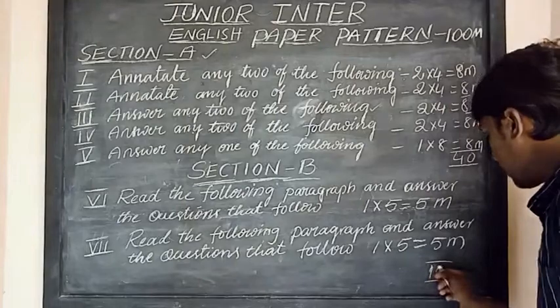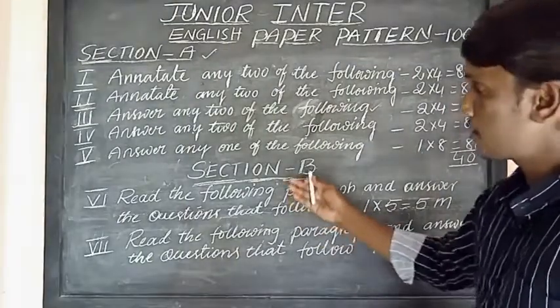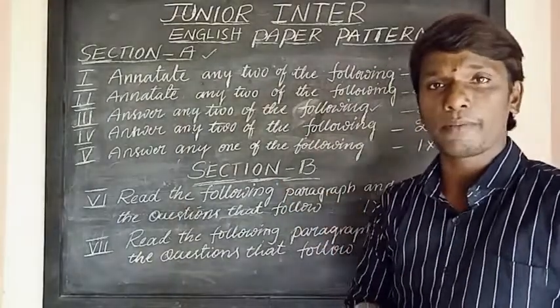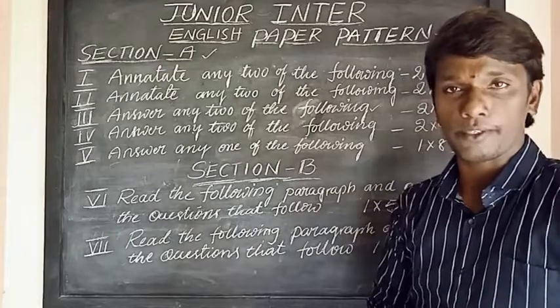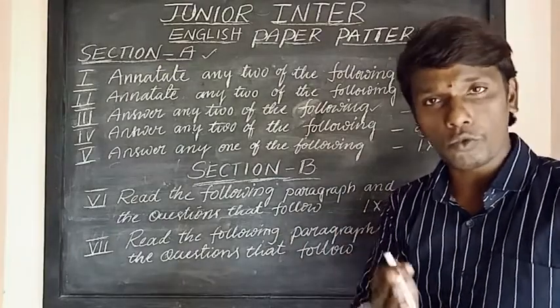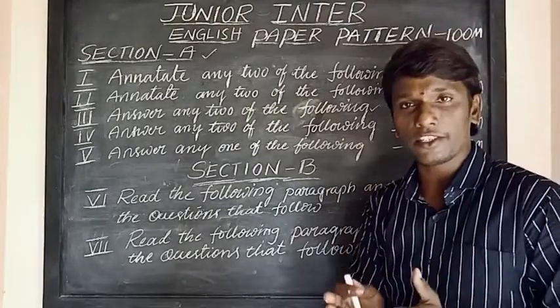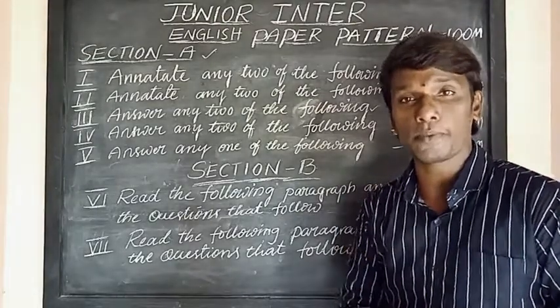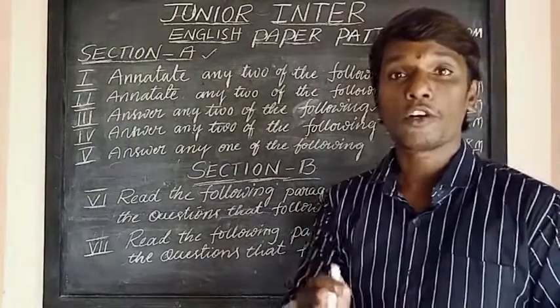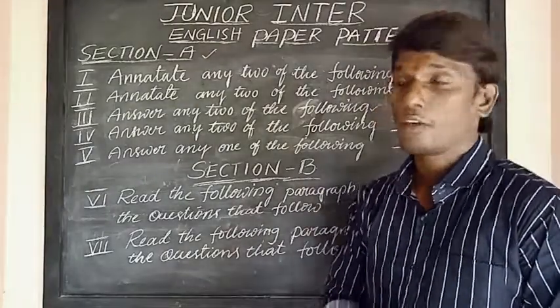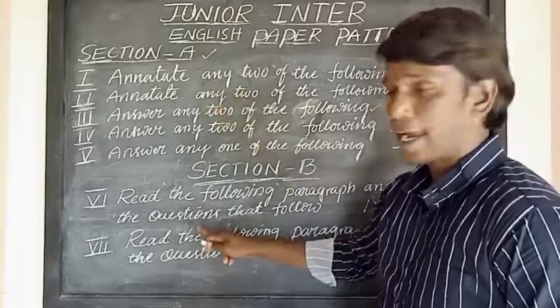So under section B, you have only 2 Roman numbers. Those two questions are comprehension passages. This is the easiest task to score good marks, when you comprehend the passage. So this is section A and section B.